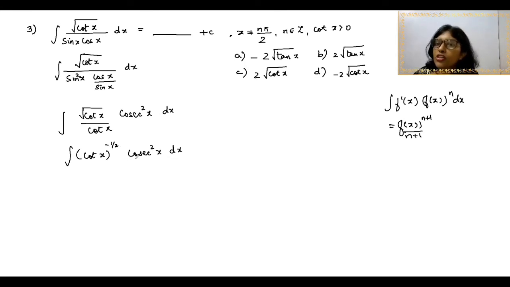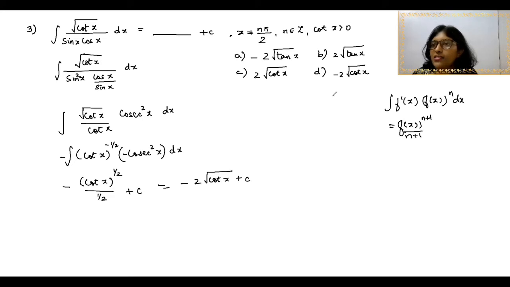The derivative of cot x is minus cosec square x. So what we can do is multiply by minus and again with minus. So this becomes cot x raised to minus half plus 1 upon minus half plus 1. And that makes it half. So it is minus of 2 root cot x.